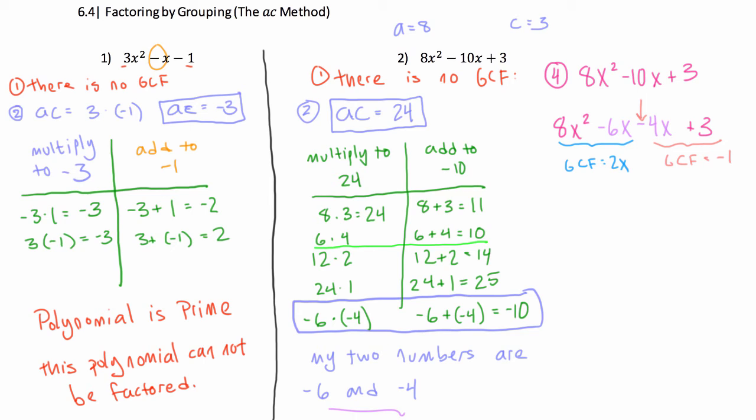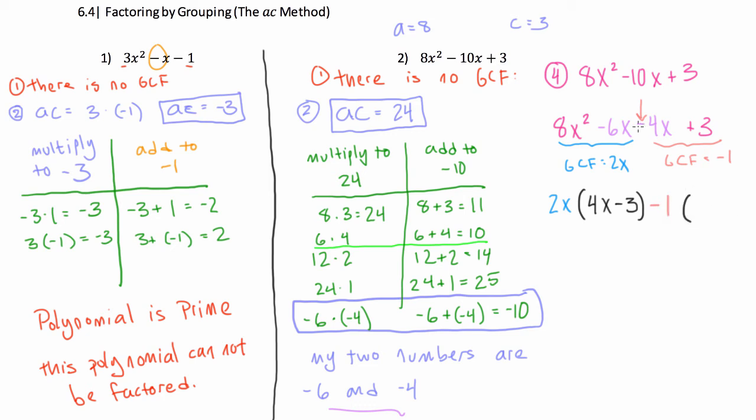And I'll show you why here in a second. So then this 2x comes out, and what's left when I take that 2x out is the 8x squared. When I take 2x out of it, becomes 4x. Minus 6x, if I take 2x out of it, becomes minus 3. Now I take out minus 1.